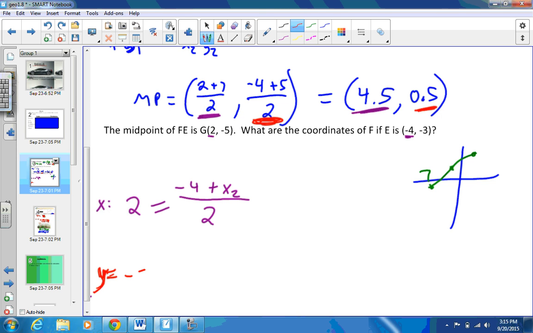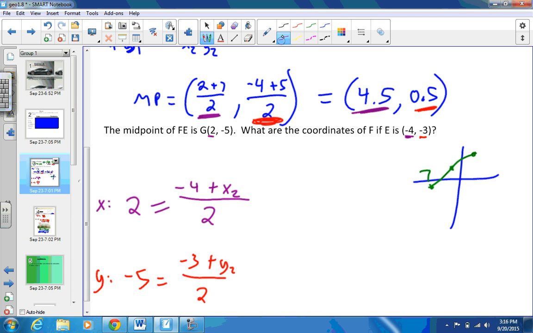Y equals -5. I'm gonna erase this. We'll go back and say y is going to be -5, but that's equal to, how we found that would be using that formula, and we had the first y value, -3, given. We want to figure out that other y value, and we can solve both of these equations here.